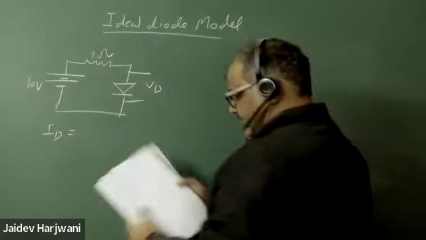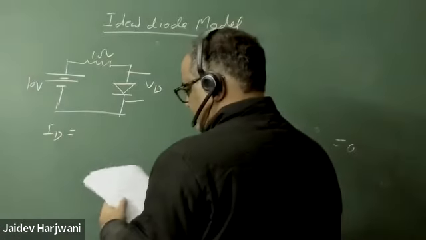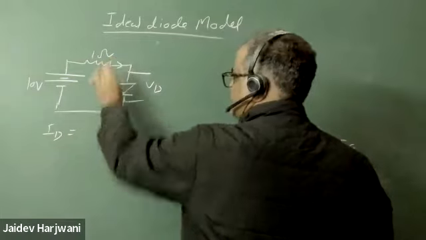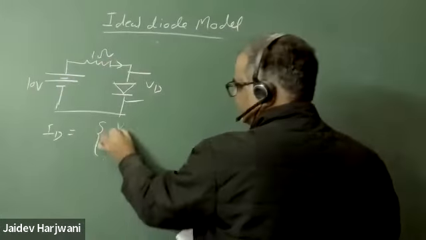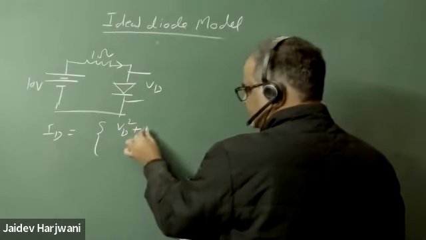Calculate VD. If current ID is flowing like this, then VD square plus 2 VD.